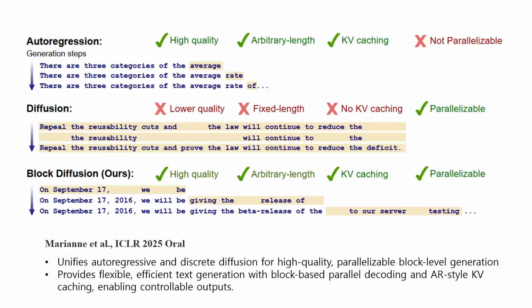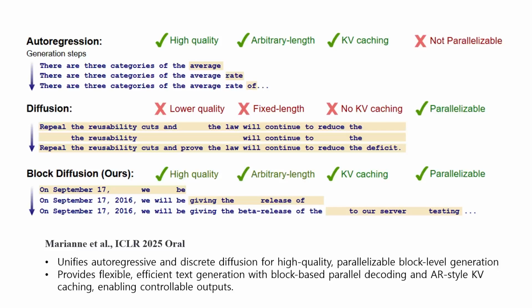The experimental results show that block diffusion can match or surpass the quality of standard autoregressive models and offers speed advantages through block-level parallel decoding. This makes it particularly appealing for large-scale text applications, where both high quality and efficient inference are critical.